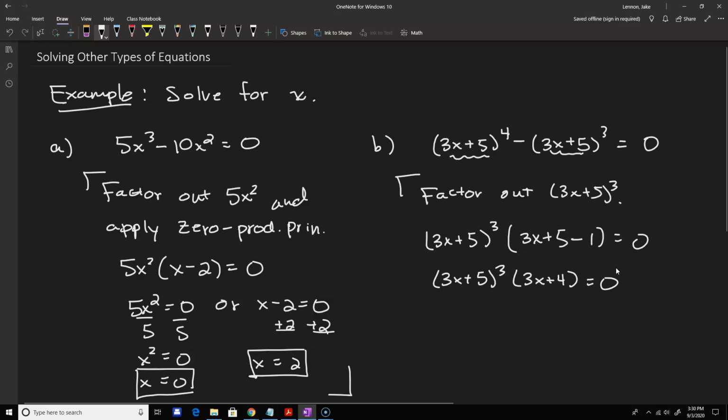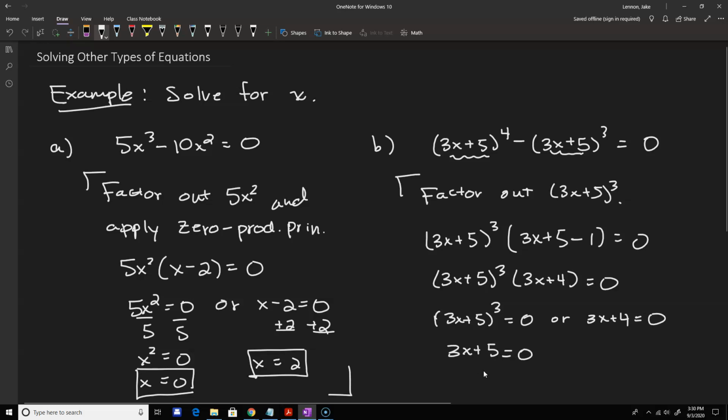And now one of these two factors has to be 0, so we apply the zero product. So we have either (3x + 5) to the third equals 0, or 3x plus 4 equals 0. The only number that's cubed that makes 0 is, again, 0, so 3x plus 5 equals 0.